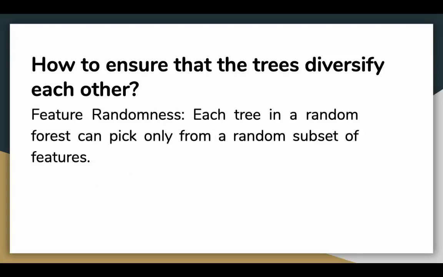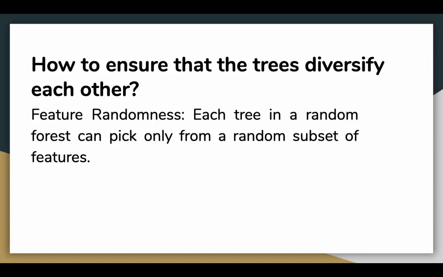Each tree in a random forest can pick only from a random subset of features. In a normal decision tree, when it is time to split a node, we consider every possible feature and pick the one that produces the best separation between the observations in the left node versus those in the right node. In contrast, each tree in a random forest can pick only from a random subset of features.